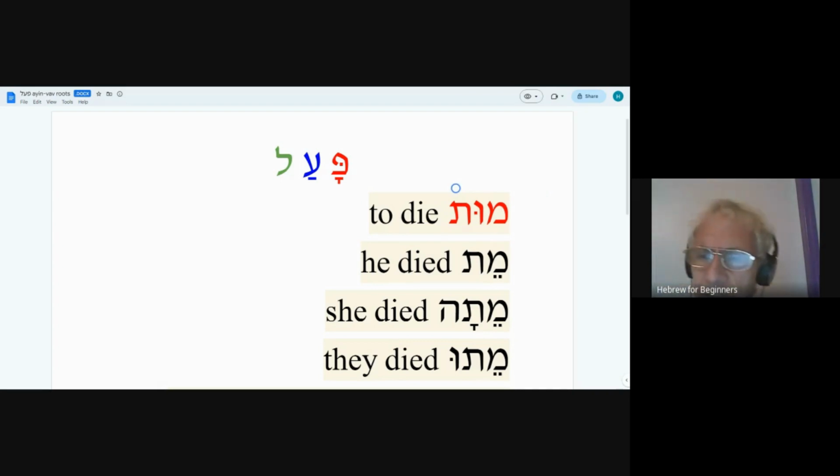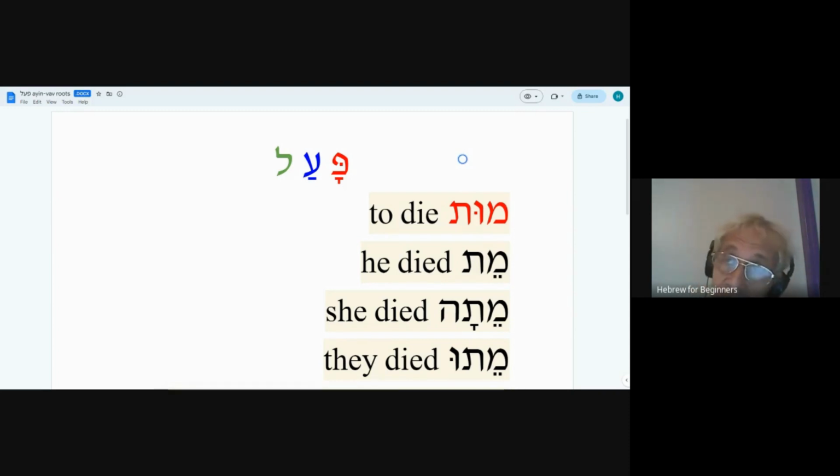There are a whole bunch of Hebrew roots that have the shuluk in the middle, and we call those roots ayin vav roots because the ayin hapoal is the vav. We have mut, which means to die. We have rutz, which means to run. We have shuv, which means to return. And it goes on and on.